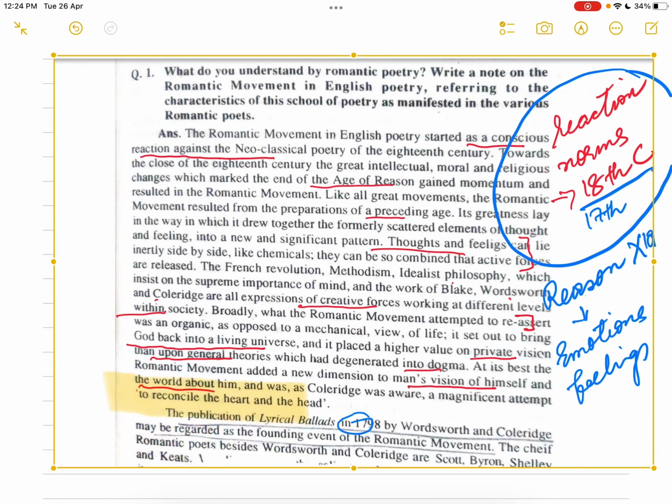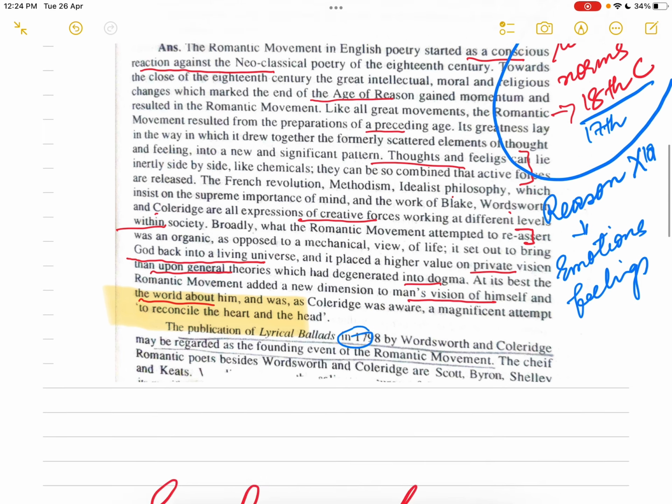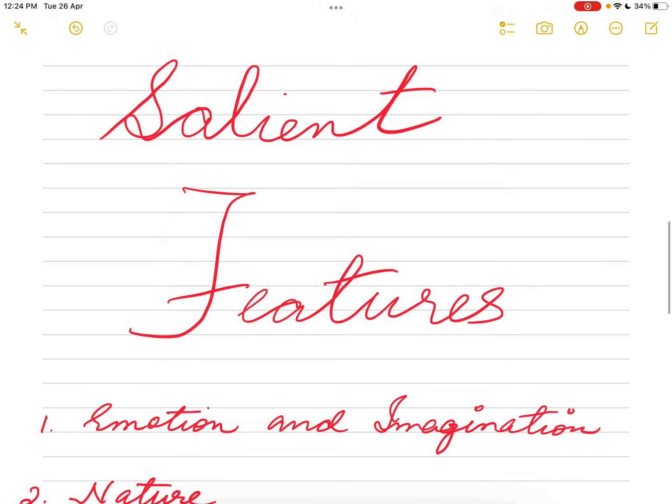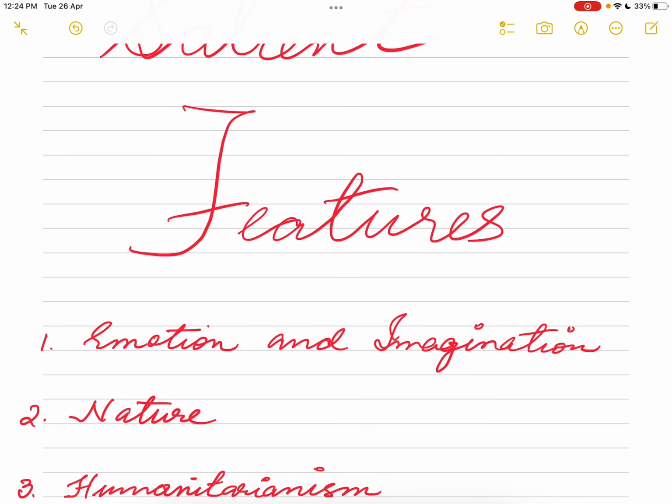Let us discuss the salient features of the Romantic poetry. So, the first and foremost essential quality of Romantic poetry is emotion and imagination.